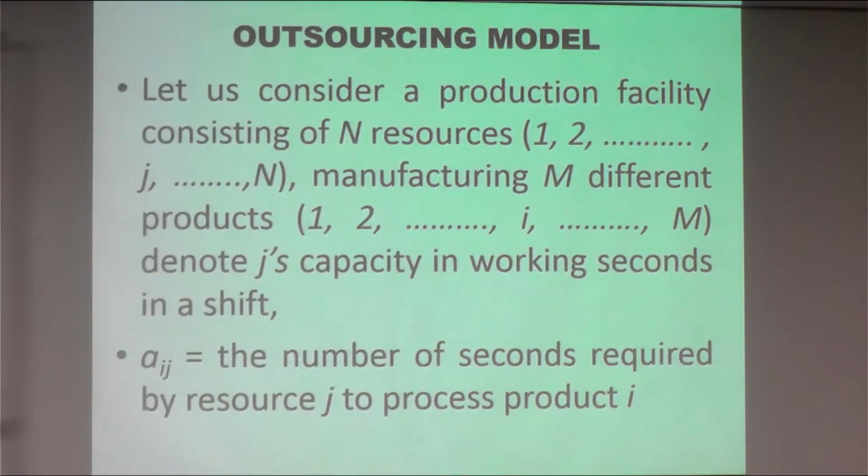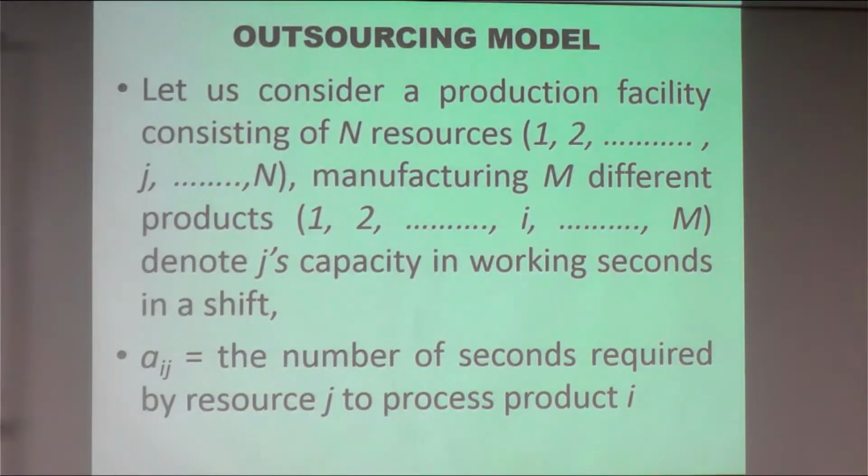Aij is the number of seconds required by resource J. This is the resource. How much time will it require? J is the resource. This is J. For I product to process.